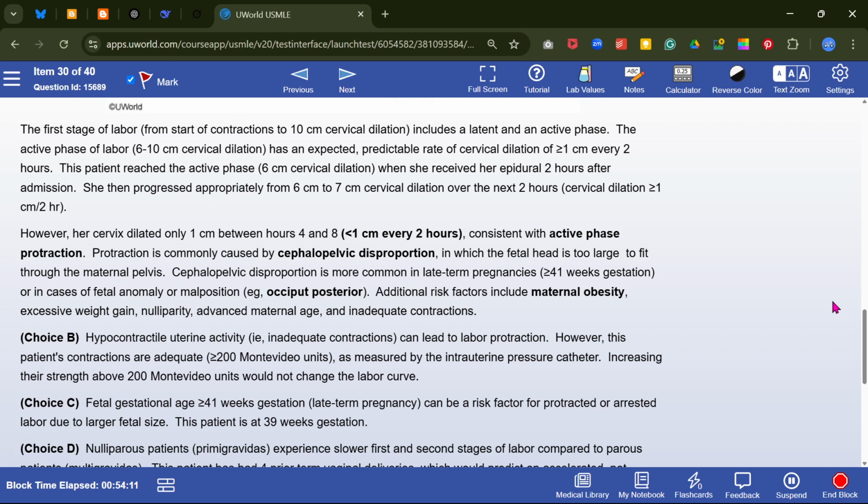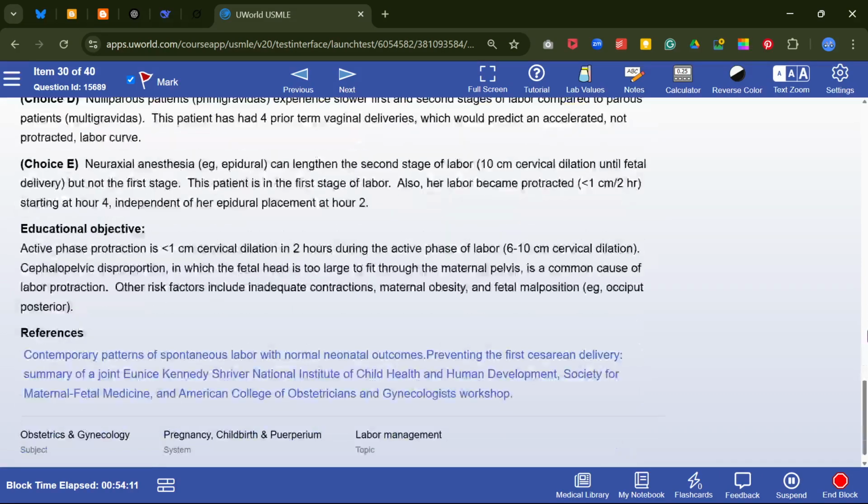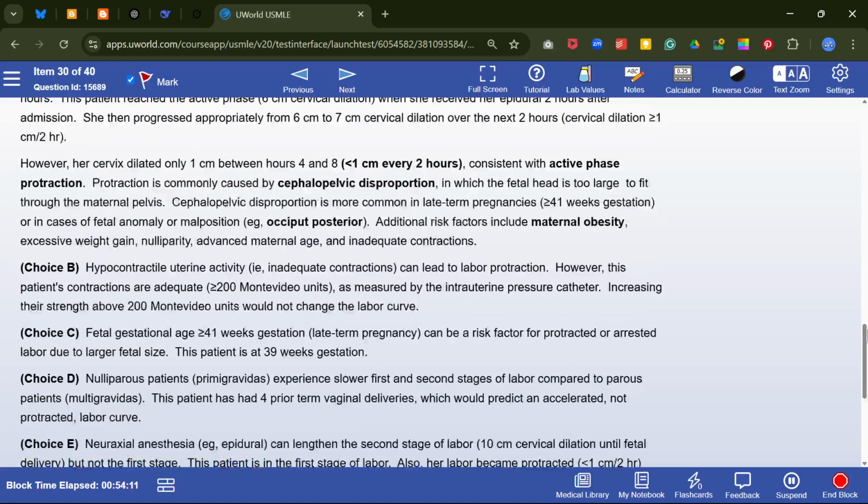Cephalopelvic disproportion is more common in late term pregnancy, 41 or more weeks of gestation, or in cases of fetal anomaly or malposition such as occiput posterior. Additional risk factors include maternal obesity, excessive weight gain, nulliparity, advanced maternal age, and inadequate contraction. Okay.